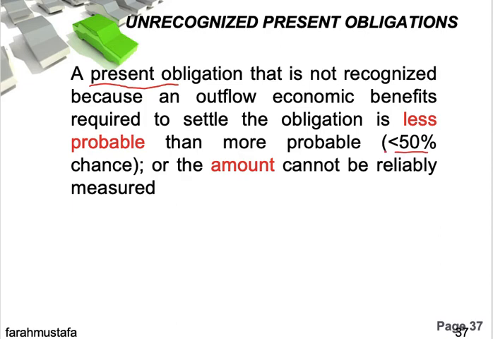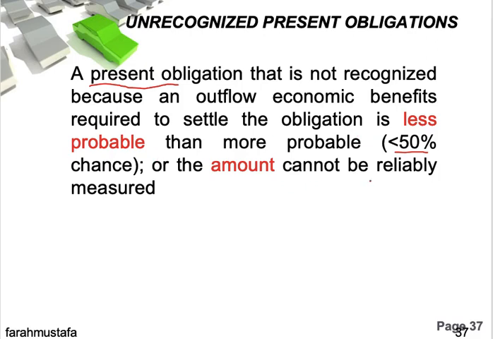What is probable? When the chances of paying are more than 50%. But if the chances of paying are less than 50%, it is considered as not probable. It is only possible. So if it is only possible, which is less than 50% chance of paying, then it will be considered as a contingent liability.